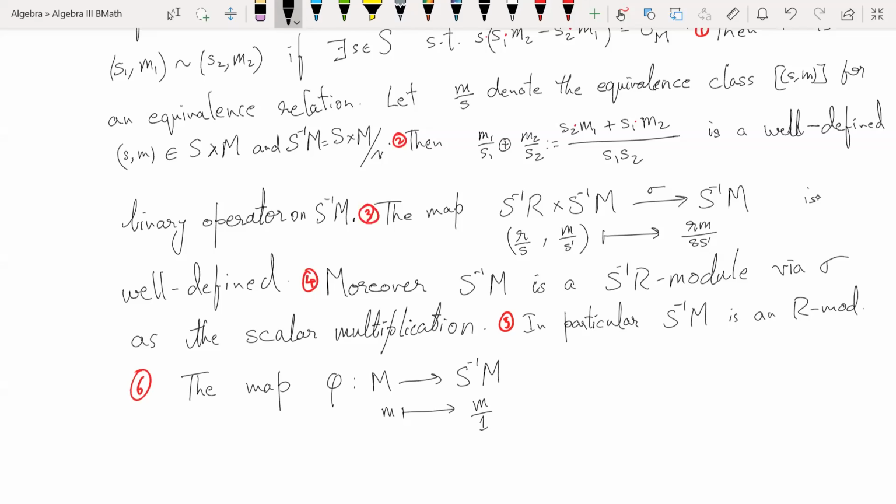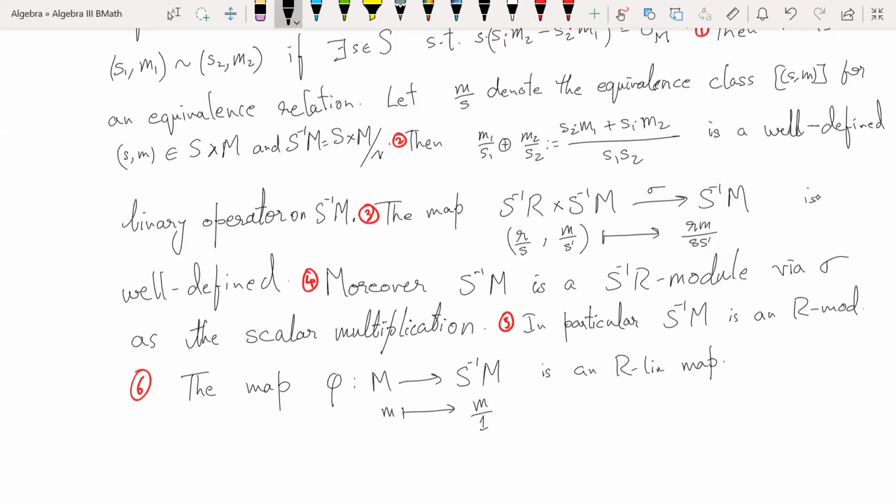Yeah, this makes sense because 1 is in S. It is an R linear map. Okay, so S inverse M is an R module, M is an R module, so it makes sense to say that this is R linear.